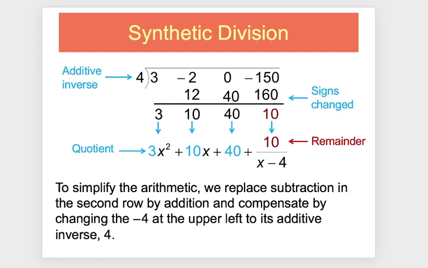So we have to put back the actual variables. So it becomes 3x squared plus 10x plus 40 plus 10 times x minus 4, or divided by x minus 4, excuse me. So this is essentially the quotient.